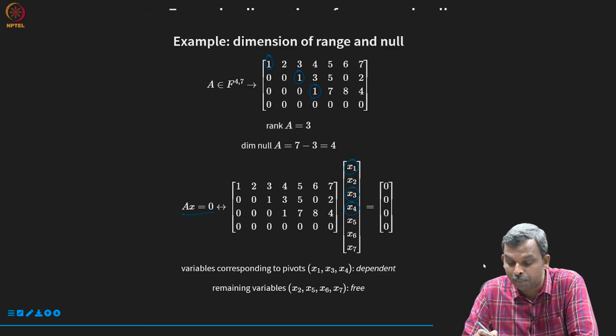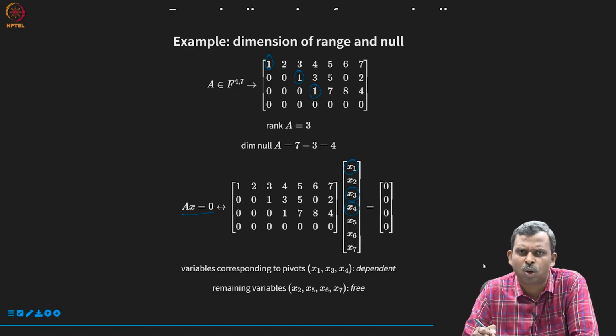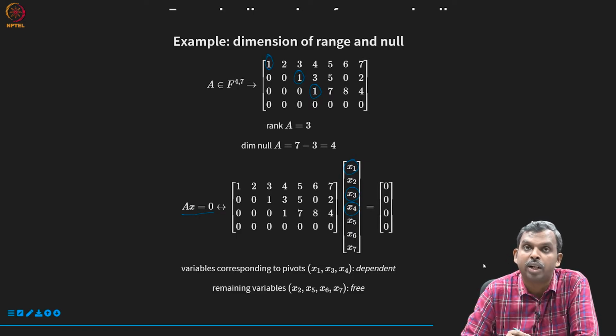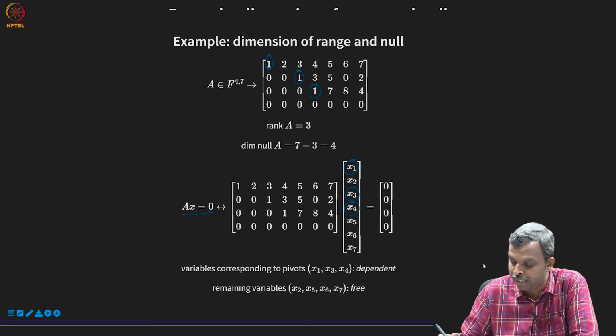And you see clearly the number of free variables is equal to the dimension of the null space. These are not coincidences. They come from the very reason why null space and dimension are defined. So you identify your dependent variables and your free variables, and then you can solve for the basis of the null space, or the set of all solutions for Ax equals 0. How do you go about doing that?